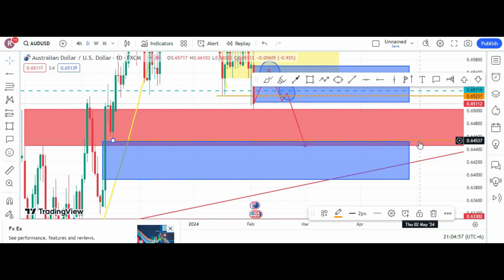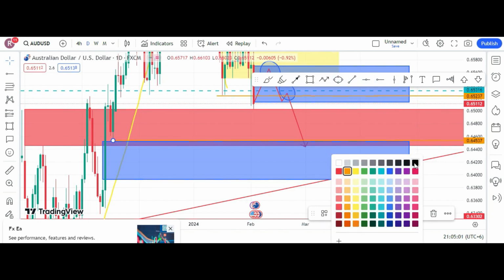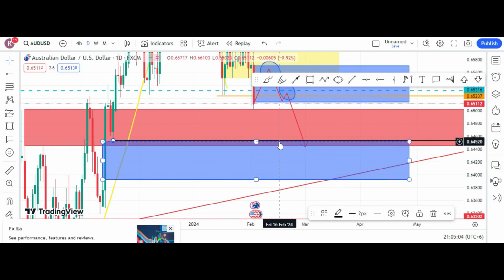Let me put them in black so you guys can see. After taking out this imbalance of the month, it may take out this one also. This is the imbalance in daily.